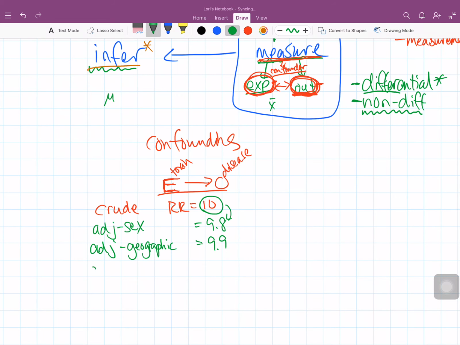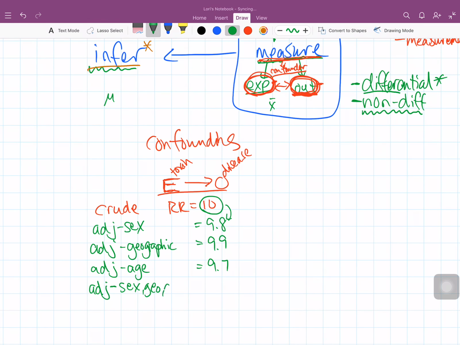Let's say we adjust for age. Age is often a very strong confounder for many relationships, but in this case maybe it's 9.7. We could adjust for all three together, sex, geography, and age, and maybe our overall relationship is 9.6.